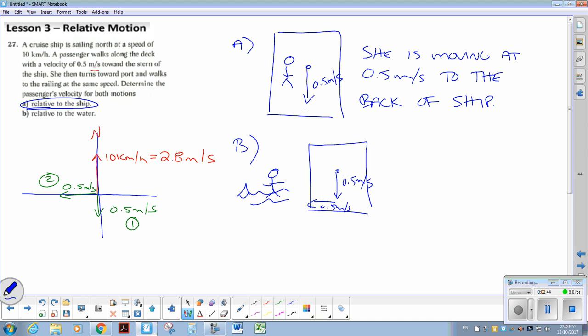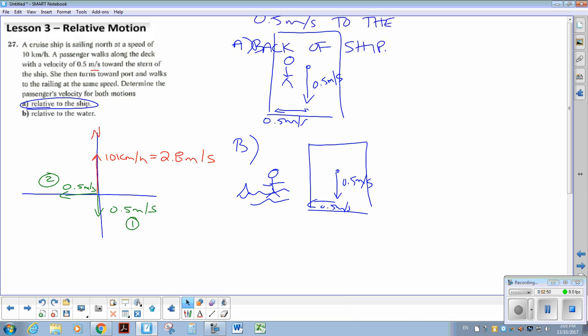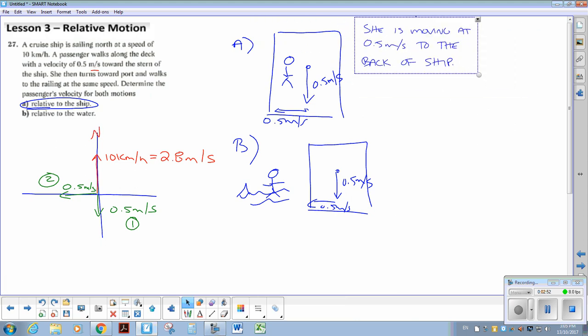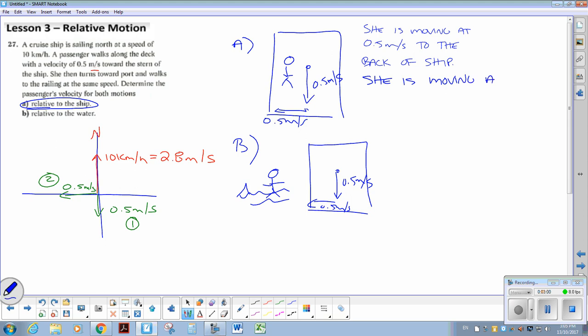Let's just finish up A here. I missed the both motions thing. Let's shrink that down a bit. The other one then, she is moving at 0.5 meters per second to port. And again, because I'm on the boat, that's what I see.